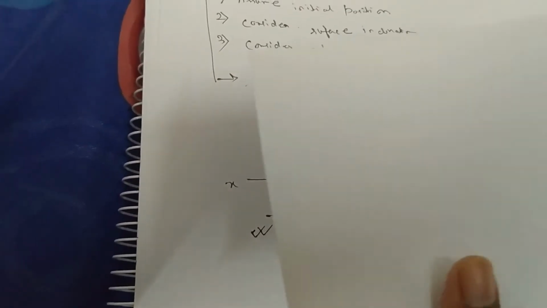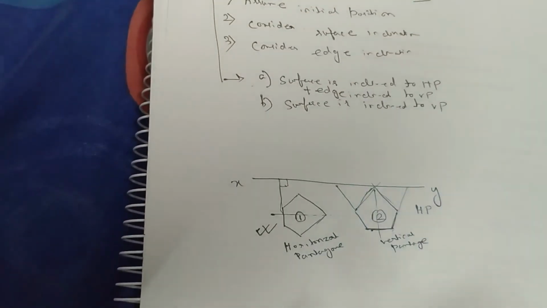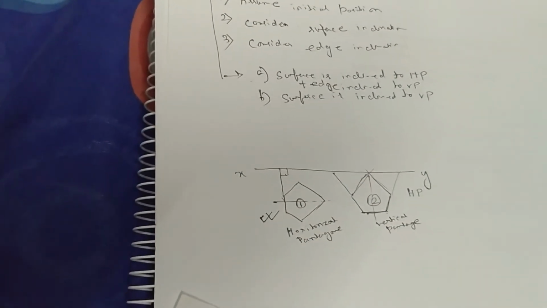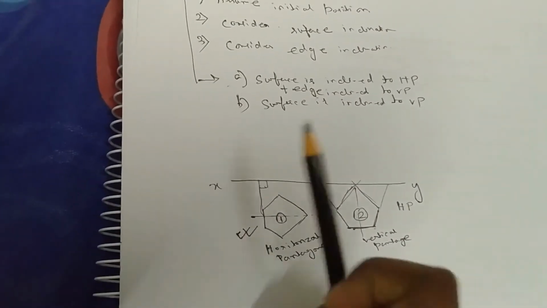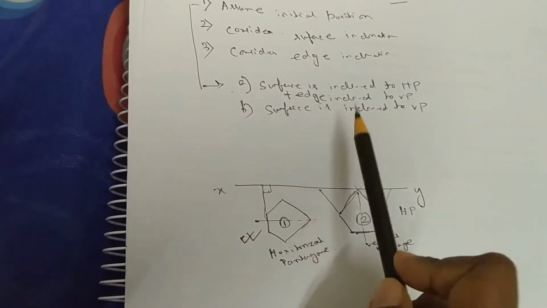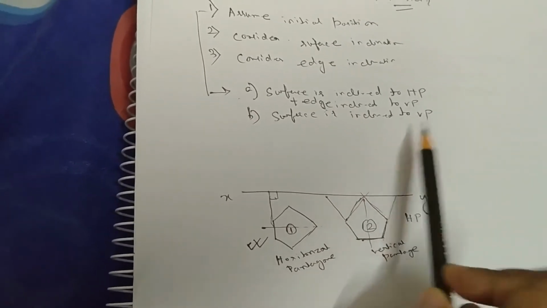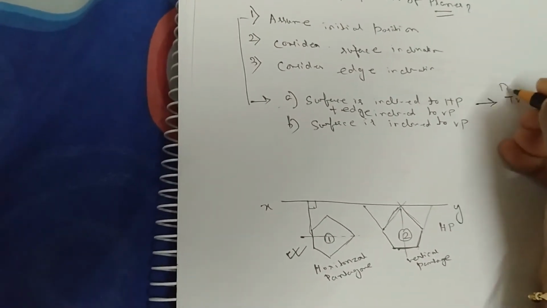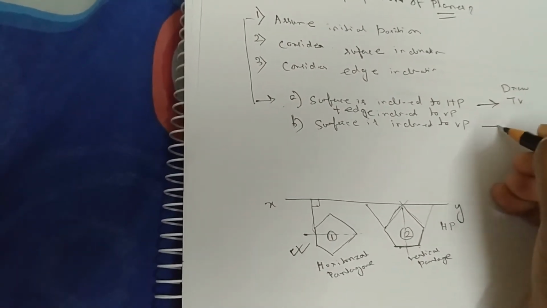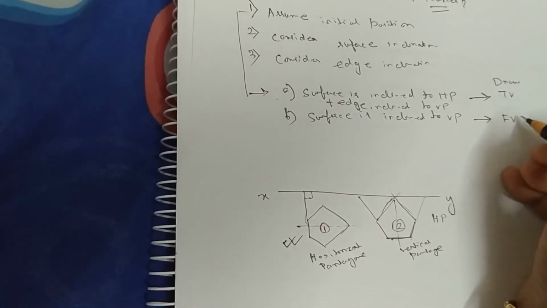In this case, we are going to see the true shape from the front. So first we have to draw the front view. So this will be the top view, and this is the front view.